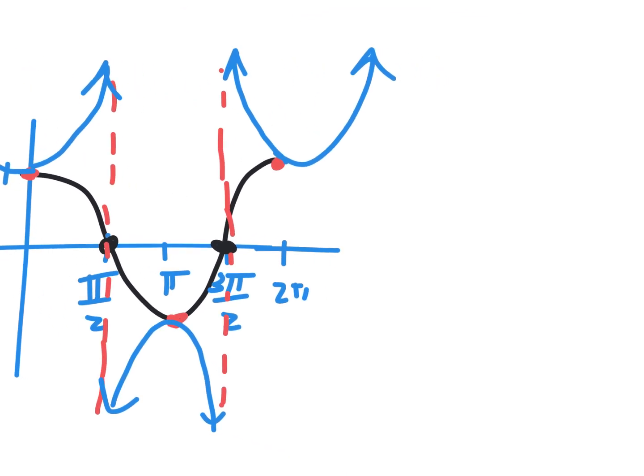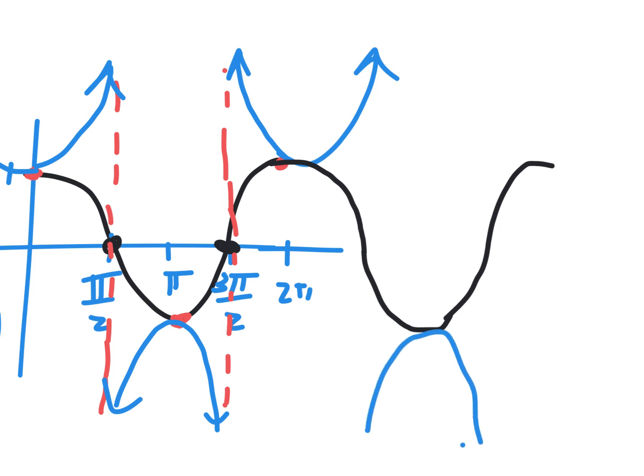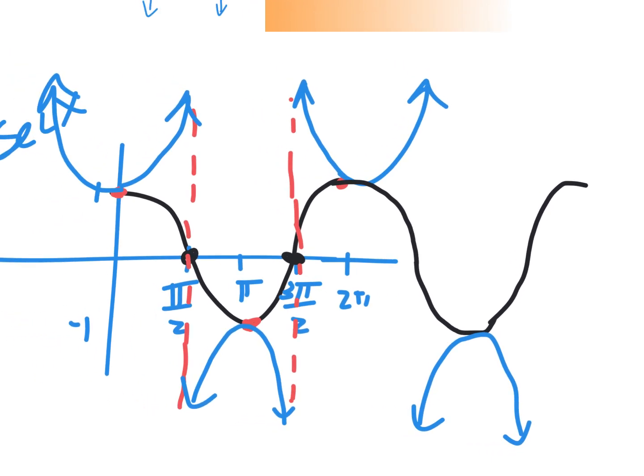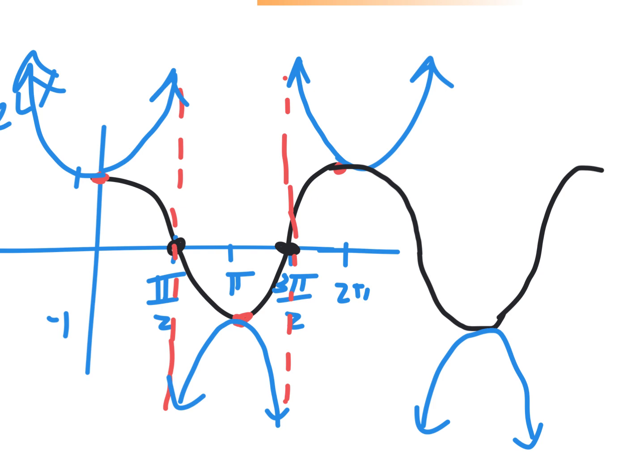So if I needed 2 periods of it, I'd need to continue this graph to what it would normally do, right? And then I would need 2 ups and 2 downs. Because 1 up and 1 down was enough to get me 1 period.